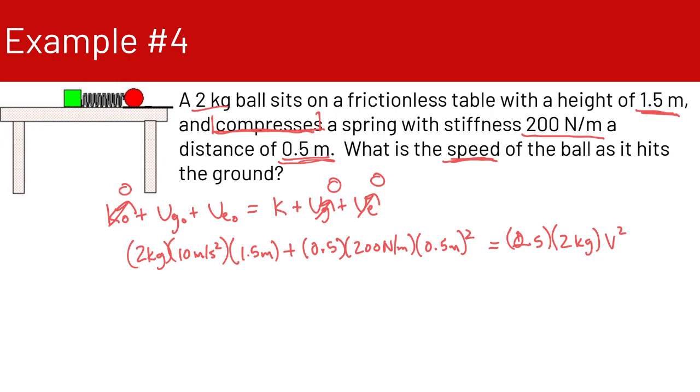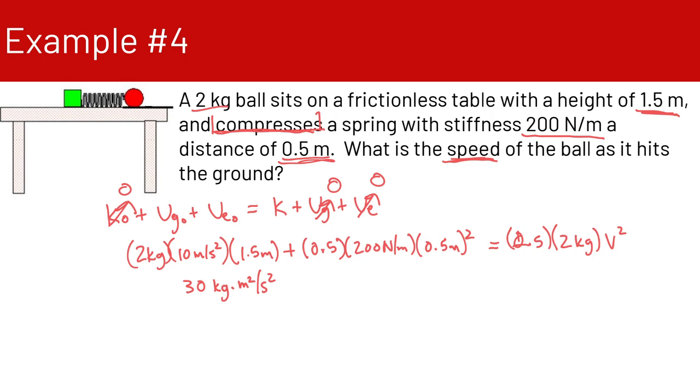Okay, so multiplying some things out, simplifying some numbers, we have 20 times 1.5, that gives us 30 kilogram meters squared per second squared. So then we have 0.5 times 200 newtons per meter times 0.5 squared, which is 0.25.